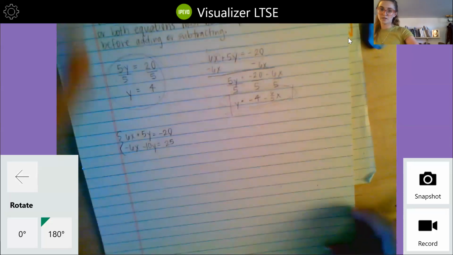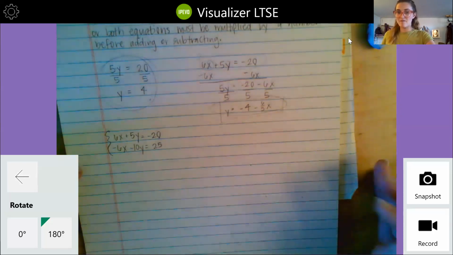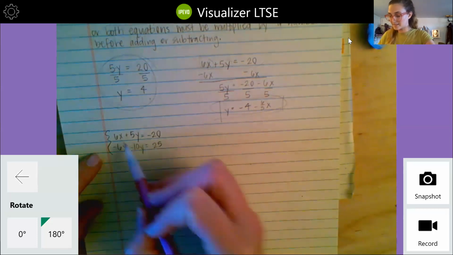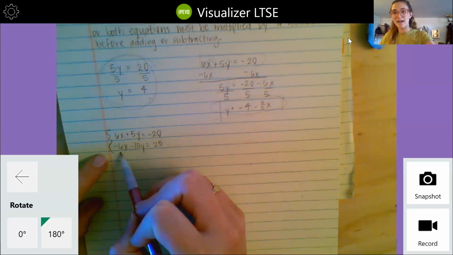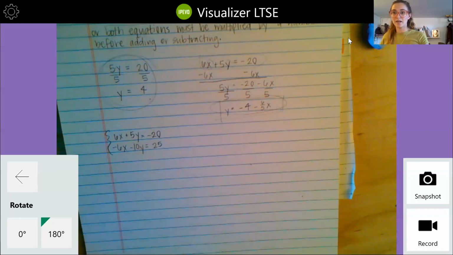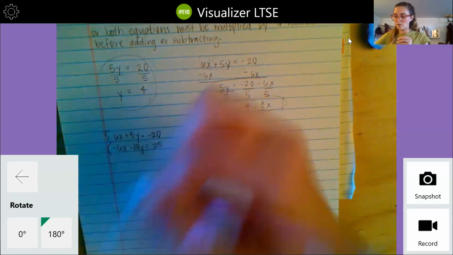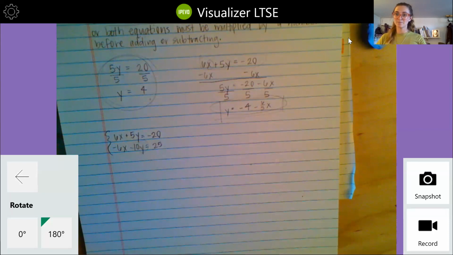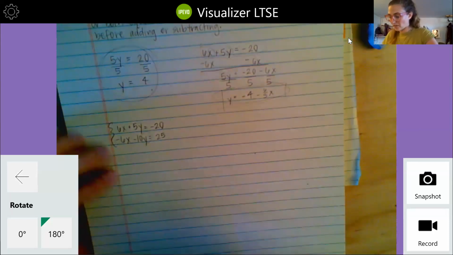So what I'm going to do here, I can see that if I were to add these two equations together, the 6x and the negative 6x would cancel out, and I'd end up with 0. And then I'd be able to really easily solve for y. And then I use that value of y to plug back into one of my original equations, and then I can solve for x. So let's go ahead and do that. I'm going to add these two together.